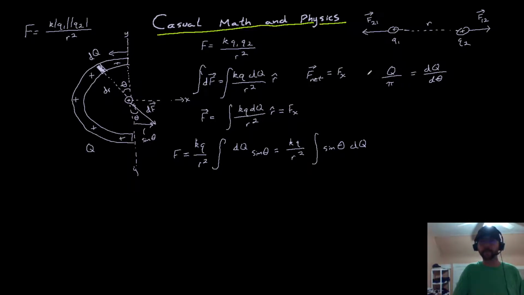Of course we have to line up the q's with the dq's because those pair, and pi's with d theta. Since pi is an angle measurement, it pairs up with d theta. So now we can solve for dq, the thing we want to sub in here. q over pi times d theta equals dq.